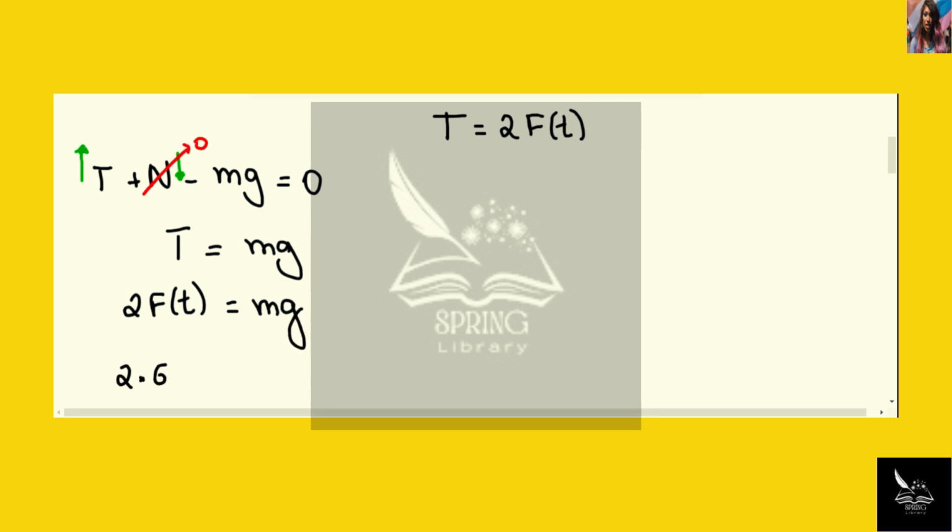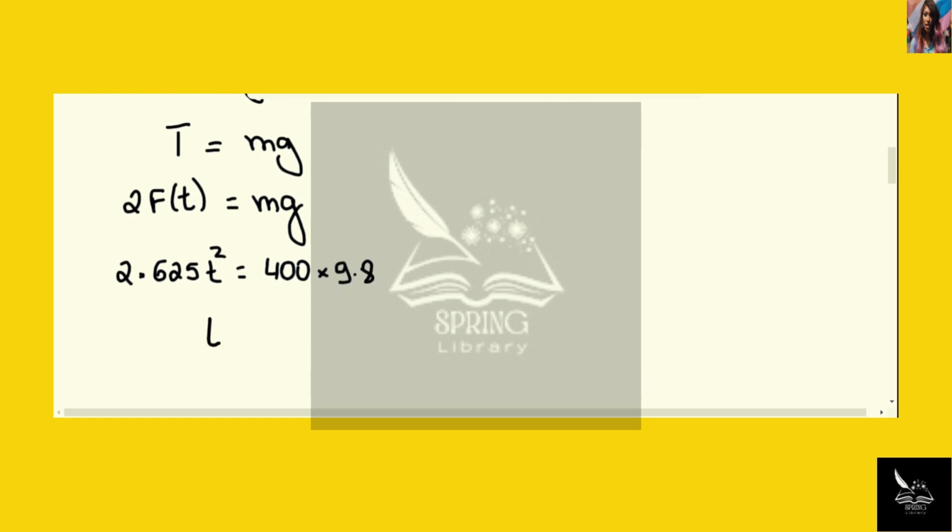Now F of t is 625t squared, and this is equal to m, which is 400 times 9.8. So the time when the block starts to move up is equal to 400 times 9.8 divided by 2 times 625, under a square root.